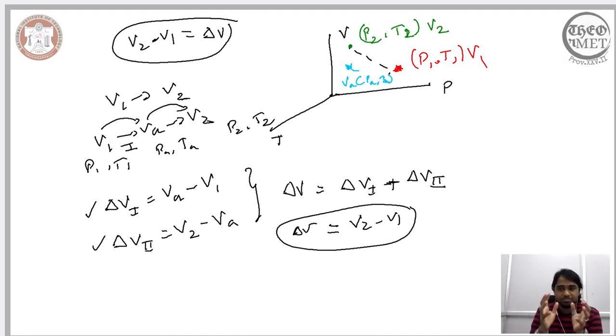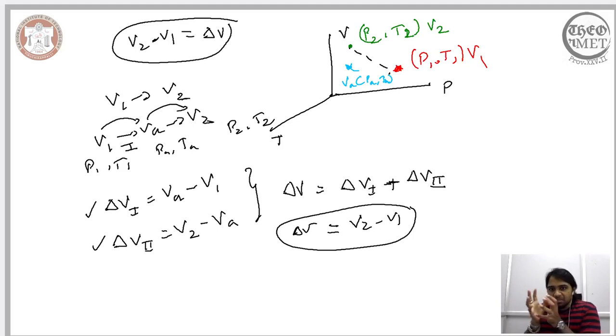This is possible only when you define the state of the system using state variables alone. Under such a condition, irrespective of the number of steps in between, you will be able to define the overall change in the state of the system based on the initial and the final condition alone. The overall change will be the difference between the initial state and the final state.